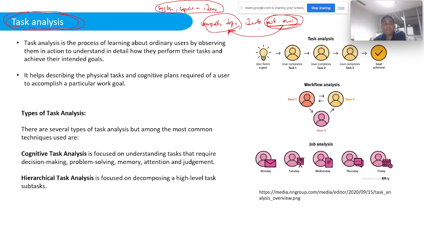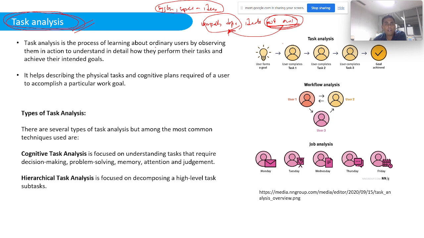So what sort of processes or tasks they need to follow, can they recognize specific task or flow of activities for that particular concept, and what sort of cognitive processing they need to do.